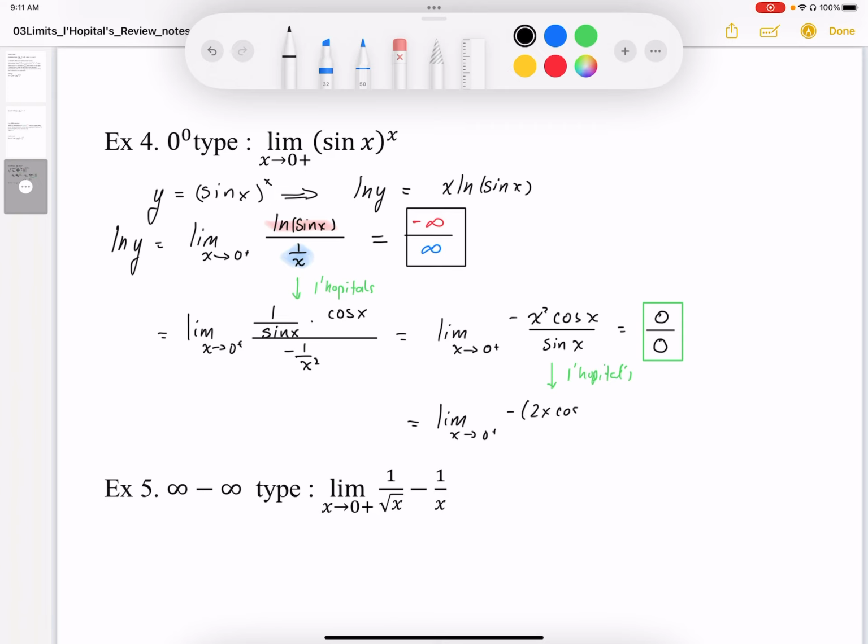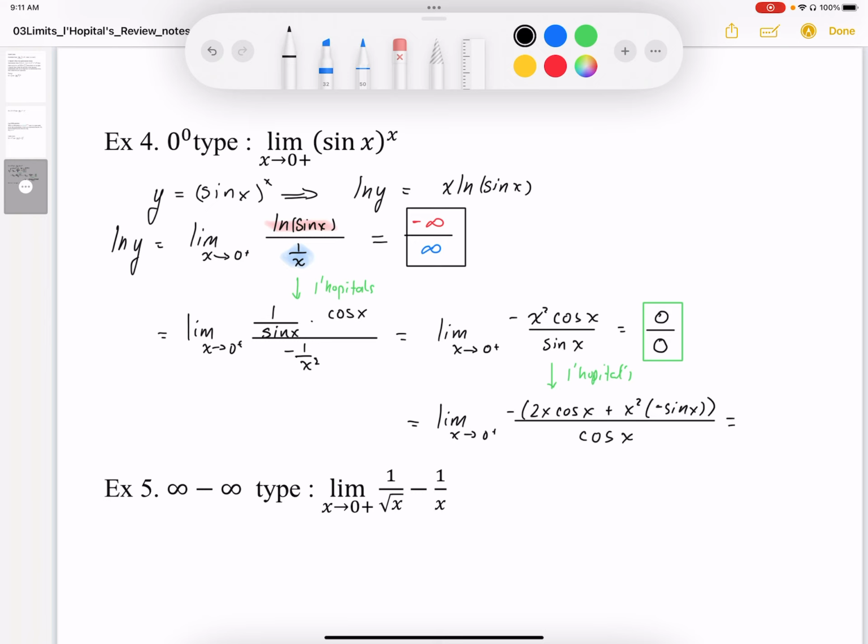Negative 2x cosine x plus x squared times, I'm applying the product rule here in the numerator, so the derivative of cosine is going to be negative sine. In the denominator, the derivative of sine is going to be cos, so we end up with cos x in the denominator.